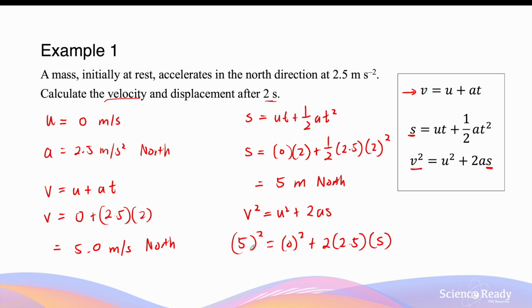If we simplify and rearrange this equation, we get 5s is equal to 25. If we divide both sides of the equation, we get s is equal to 5 meters north. So using the two equations, we can arrive at the same answer.